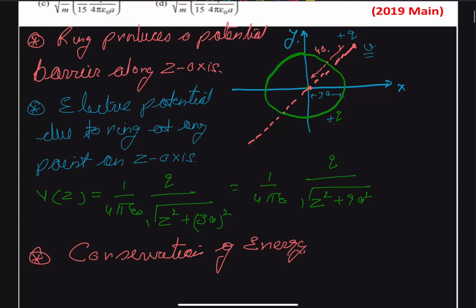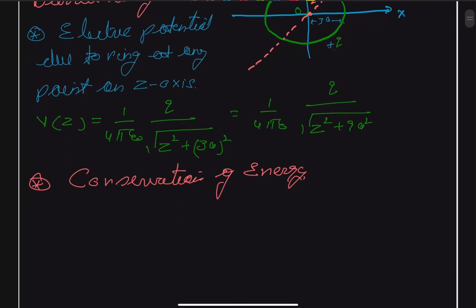One will be our origin and another will be this z point. So initial energy will be at z equal to 4a.